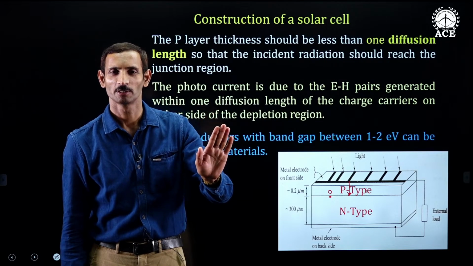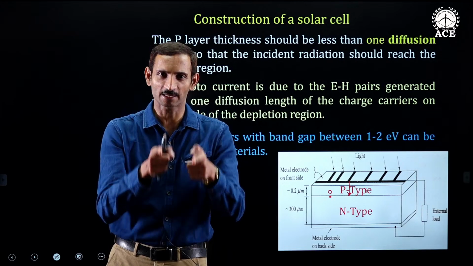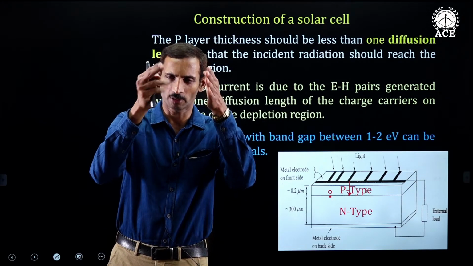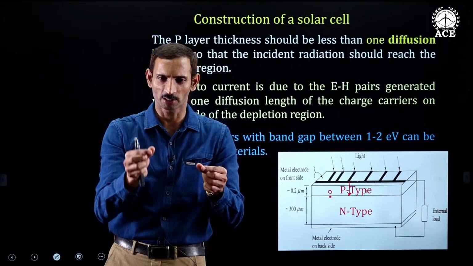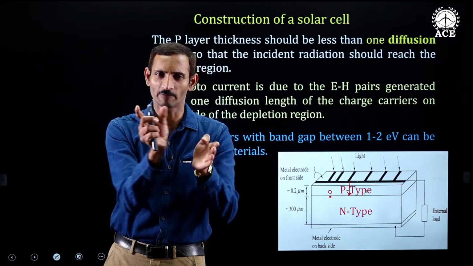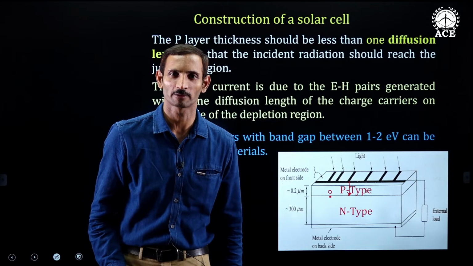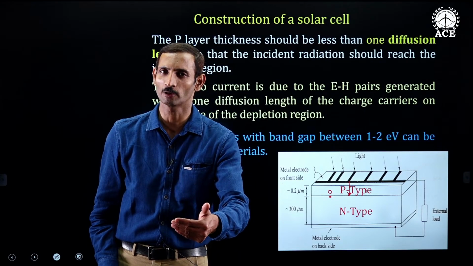So there won't be further drift of the charge carriers. This negative charge and positive charge, having a potential difference, acts as a barrier. That's why we call it a potential barrier. Right? Okay. I've gone back to make you understand that.